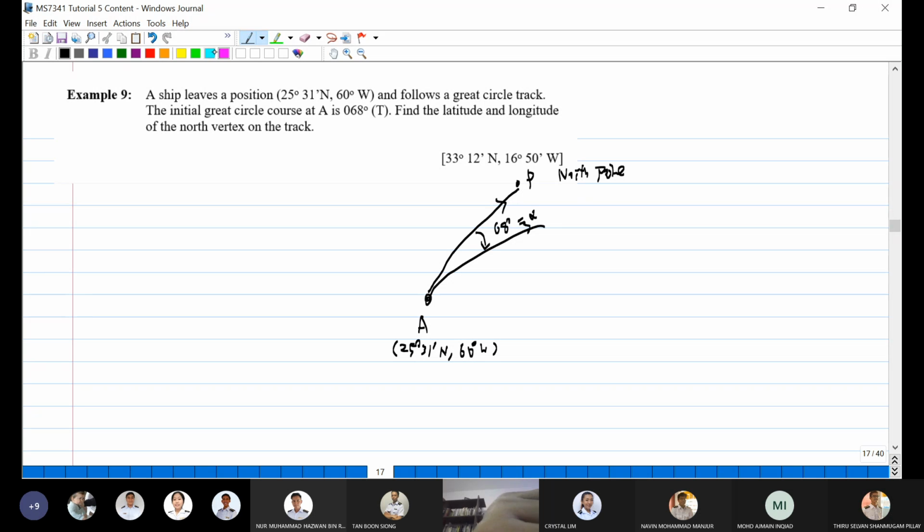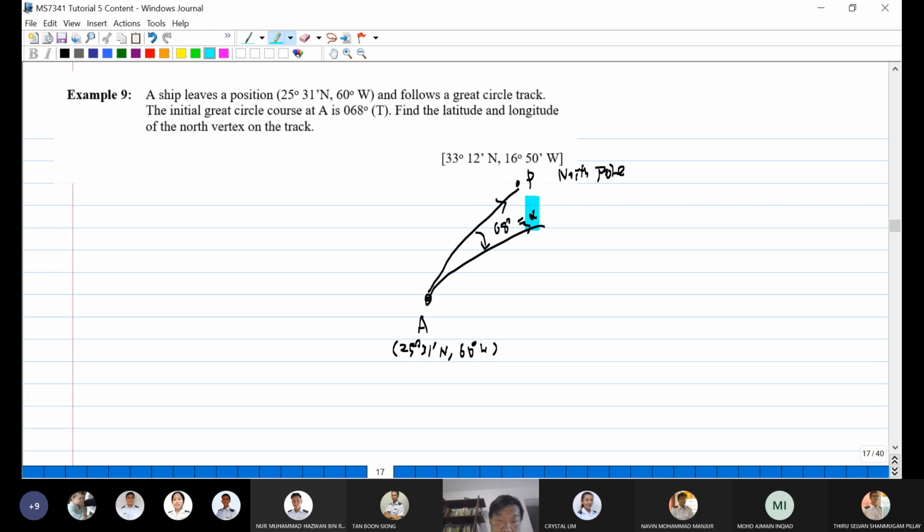So alpha, I use a blue color one. Okay, the initial course 68 degrees, blue color one. Okay, find the latitude and longitude of the north vertex, nearest point to the north here.